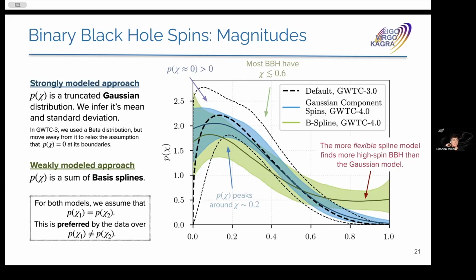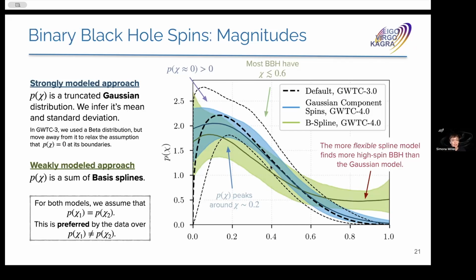Some features of the spin magnitude distribution that pop out are that for the first time, we're seeing very strong support for there being some amount of spins that are near 0. This was not actually allowed in the model before, so it's good to see that when we relax that assumption, this is worth doing. We find that most binary black holes have spin magnitudes of less than around 0.6.